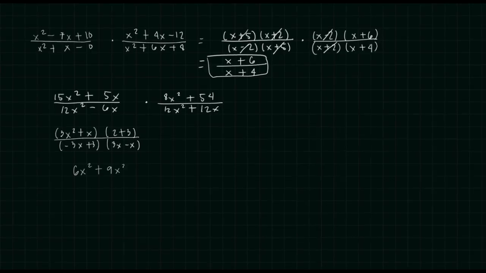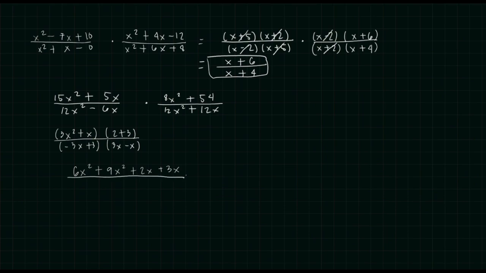Now we're going to continue with this one. We have 6x squared plus 9x squared plus 2x plus 3x over negative 9x squared plus negative 3x squared plus 9x minus 3x. Now we're going to cancel this and this.